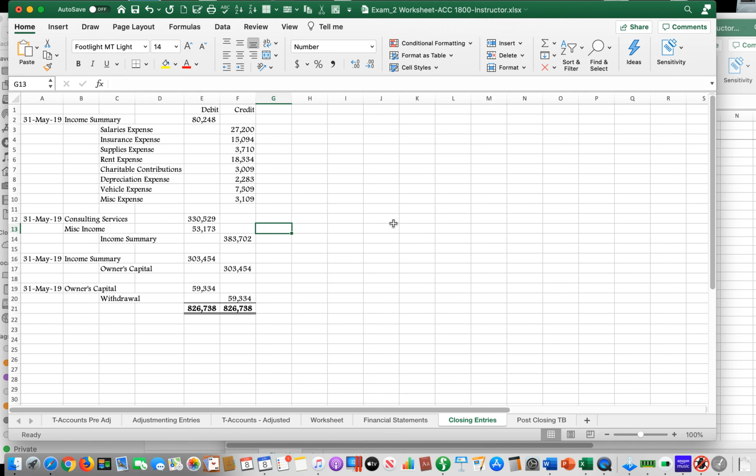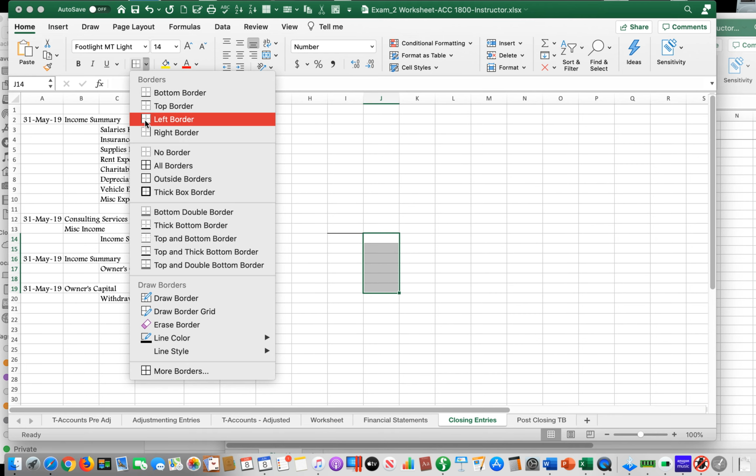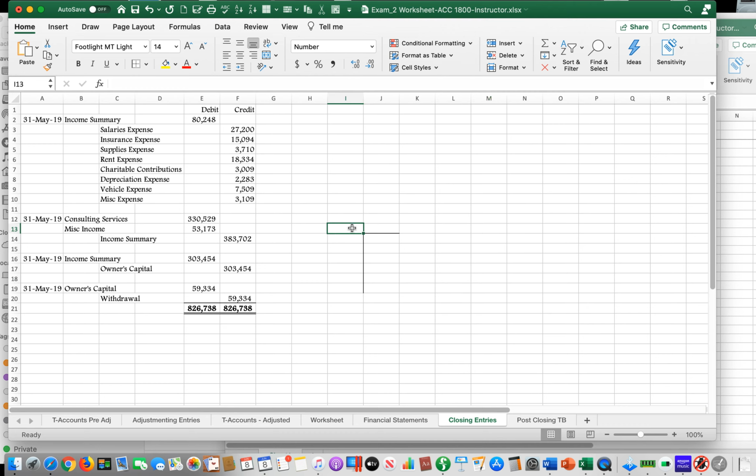Now, if you would draw a T account, maybe I'm able to do it here. I'm going to draw one while I'm here. Yes, it's a T account. Let's call this T account income summary.